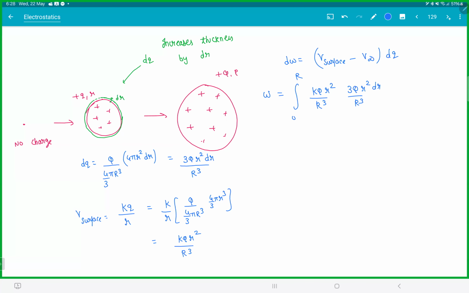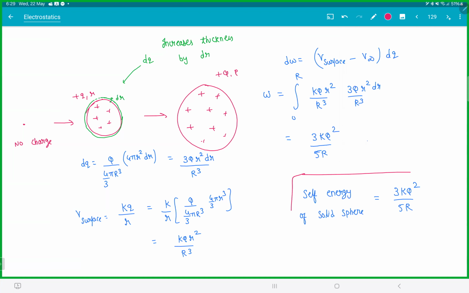This goes from 0 to R. I know the answer, but you can solve this. 3kQ square by 5R. So the self energy of a solid sphere. This is the result.